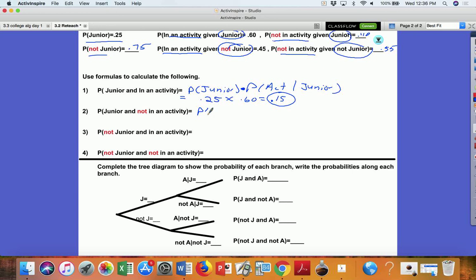So this one, probability that I pick a junior times the probability that they're not in an activity, given that they're a junior. So 0.25 times 0.40, and that's an overall percentage of 10%.